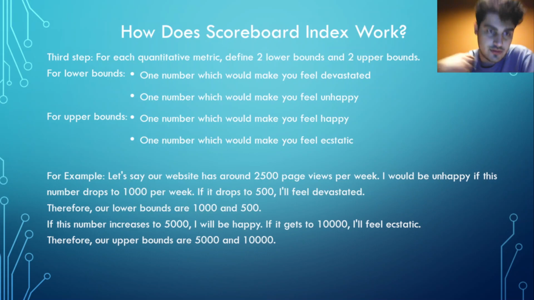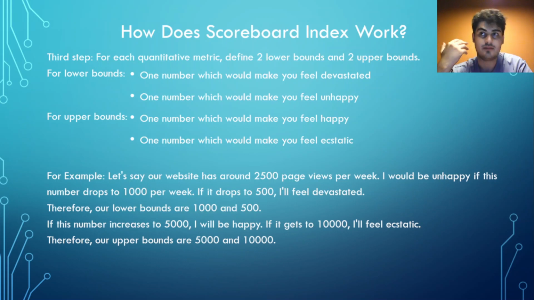So for lower bounds, you need a number that you would feel devastated when you reach that number, and maybe a number that makes you feel unhappy when you see it in the scoreboard. So an upper bound is required for when you feel happy and you feel ecstatic. So you have to define 2 other numbers again.